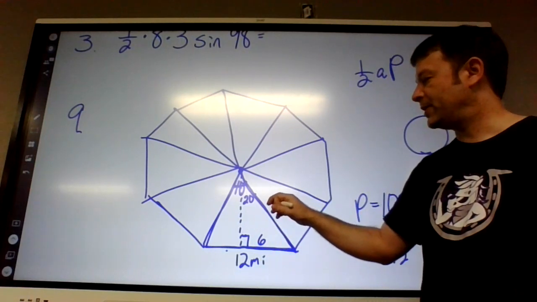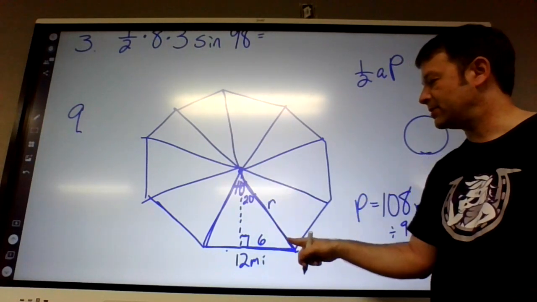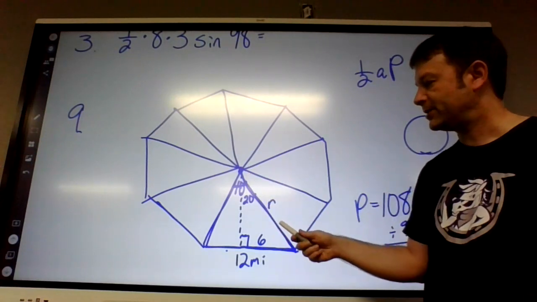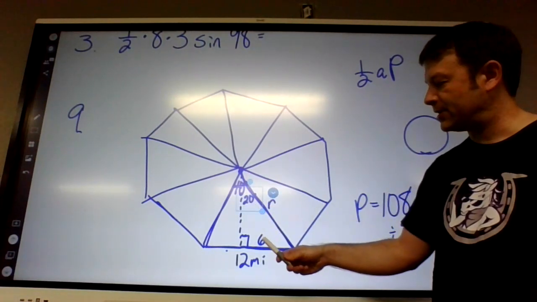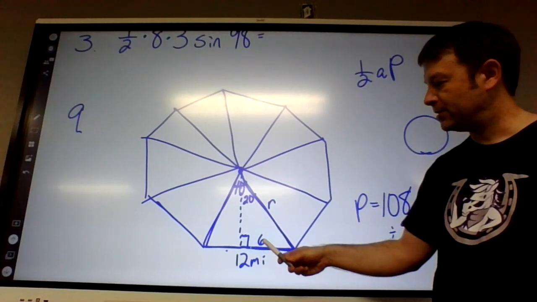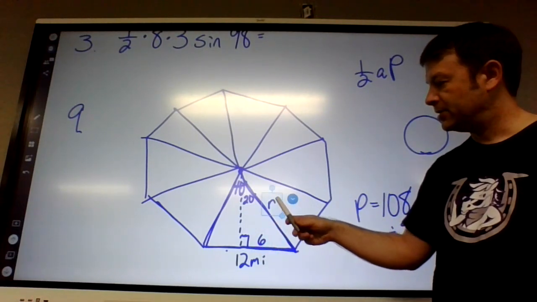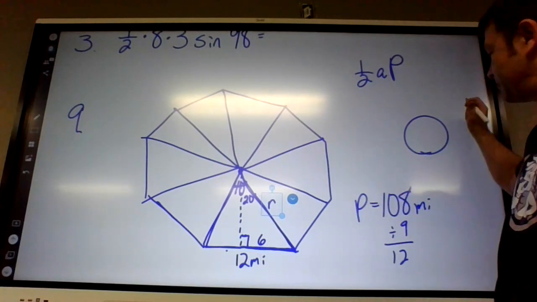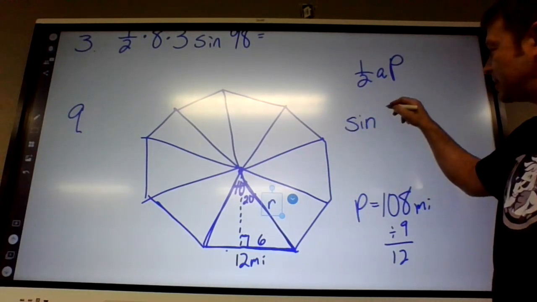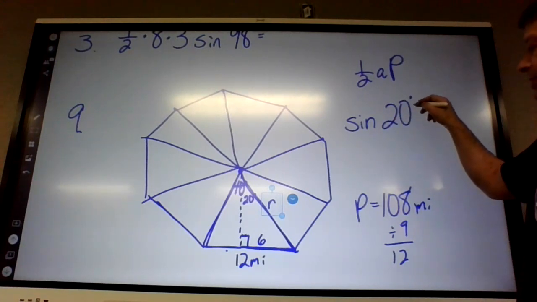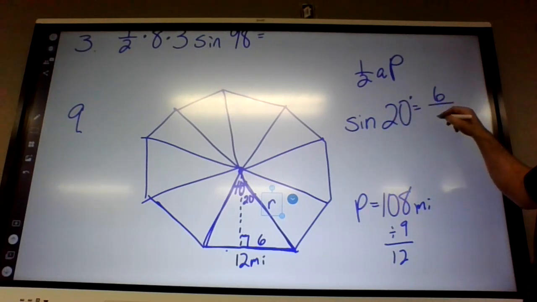Okay, how can I find the length of this side? It's like the radius, it's like the hypotenuse of this. Okay, relative to this angle right here, what side am I looking at there? And which trig function does opposite and hypotenuse? Sine. Sine of the angle equals opposite over hypotenuse.